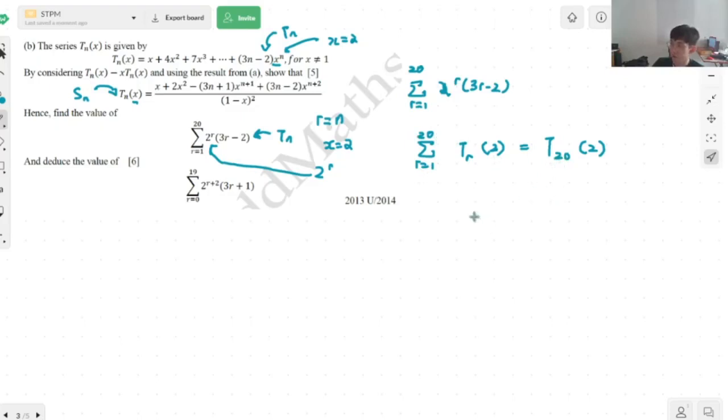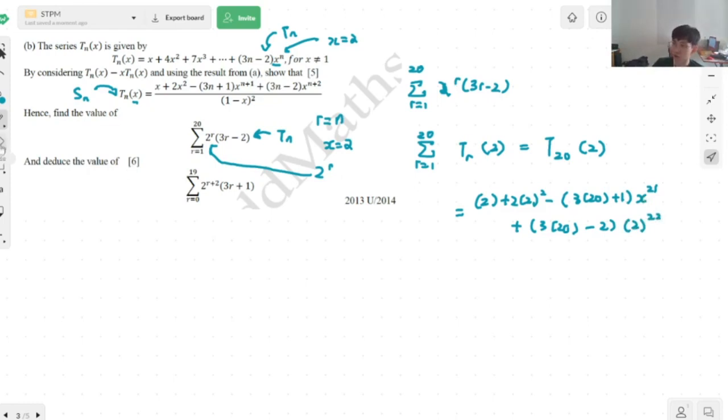So for T20, basically you just substitute the value. So x is your 2 plus 2, 2 squared minus 3, n is your 20 plus 1, times 2 to the 21. Okay, continue plus 3 times 20 minus 2, x is your 2, 2 to the 22.